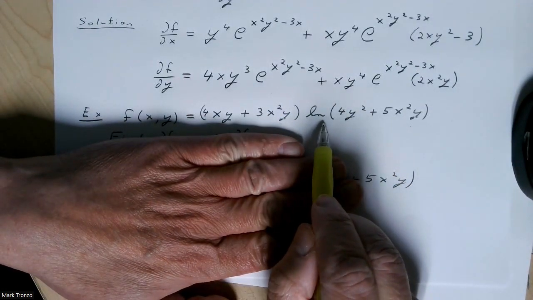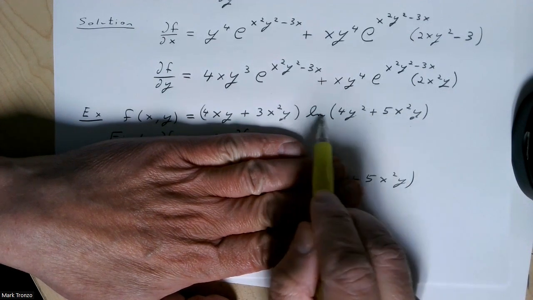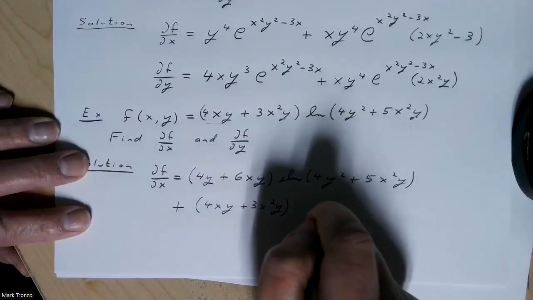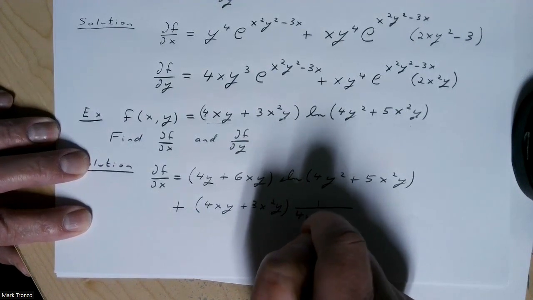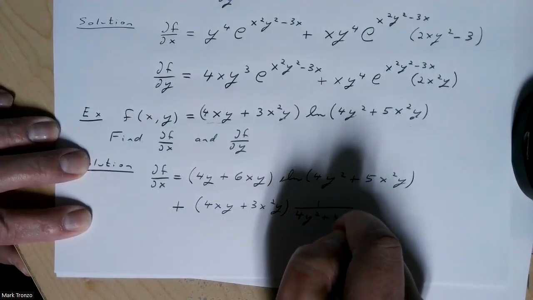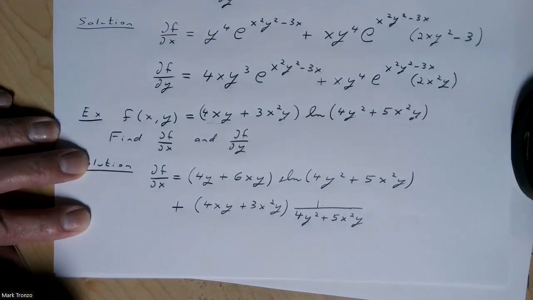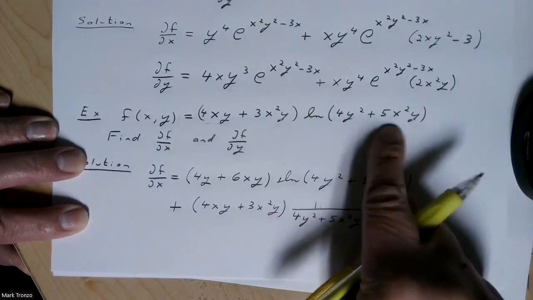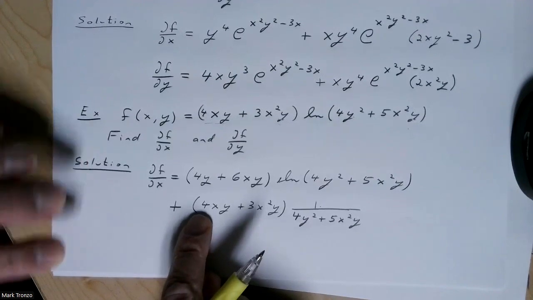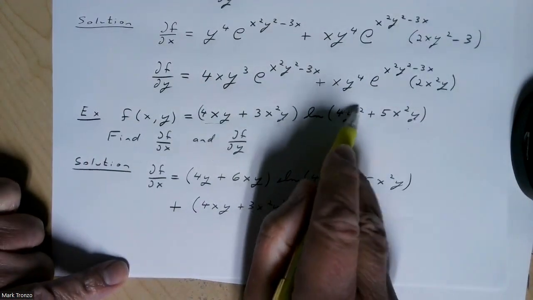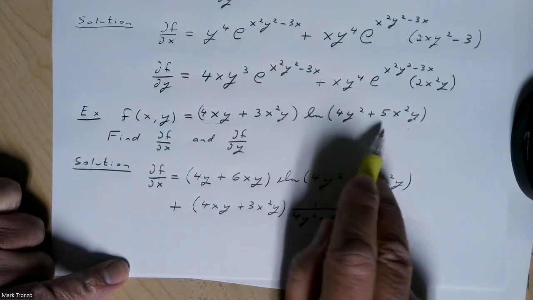Now remember, when you do the log, the derivative is always 1 over the argument, whatever you have here. 1 over that argument, 4y squared plus 5x squared y, times the derivative of that argument with respect to x. Now, the derivative of this with respect to x is just going to be 0, because that's like a constant, so it just goes away.